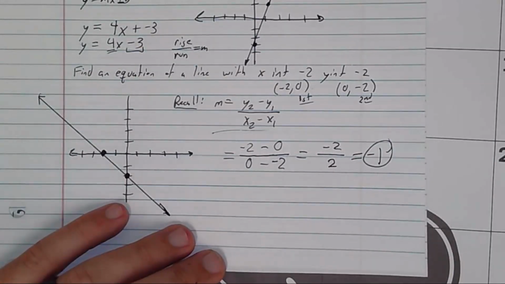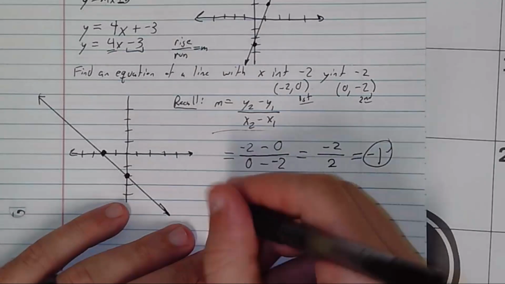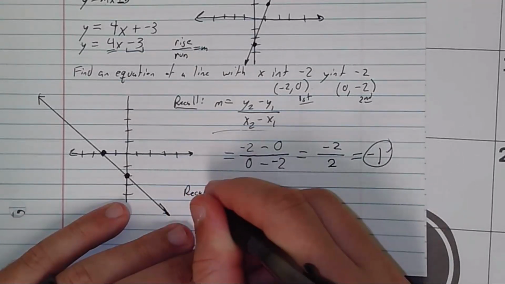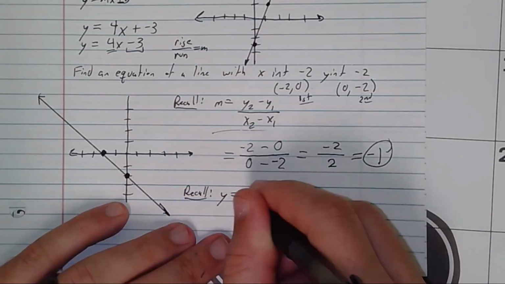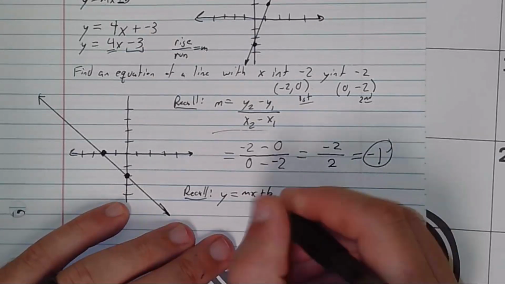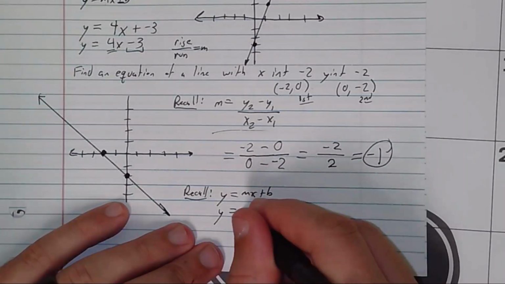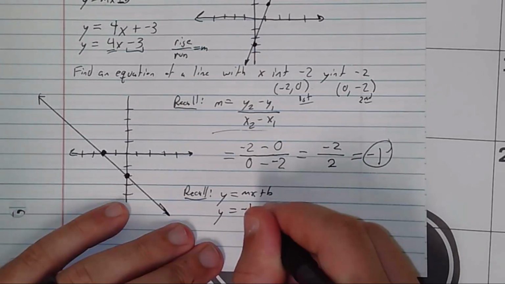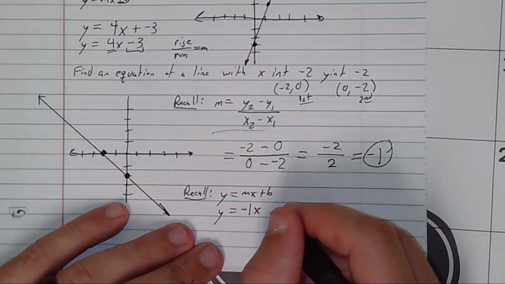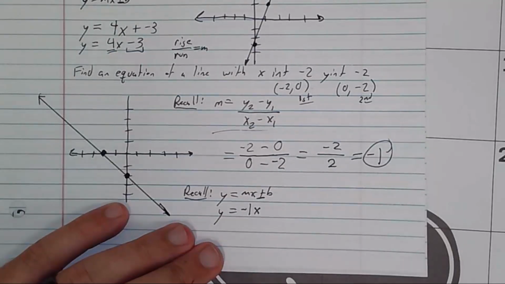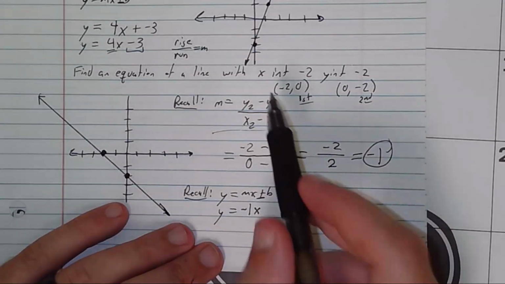Now once we've got our slope, it's pretty easy to recall again the equation for a line, y equals mx plus b. So I'm going to fill in the slope with -1x. And then the b part, I should write this as plus minus since I made that a point earlier, excuse me. The b portion is the y-intercept. Now don't get confused when you have both an x-intercept and a y-intercept.